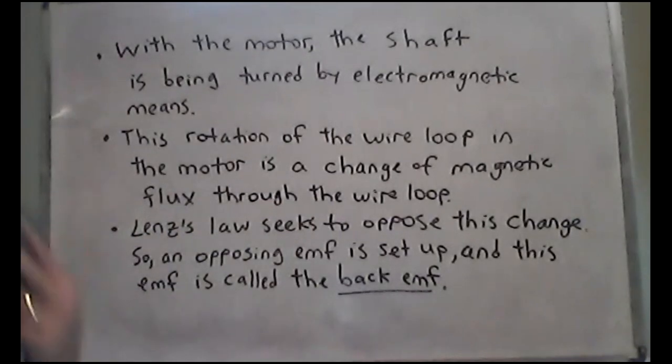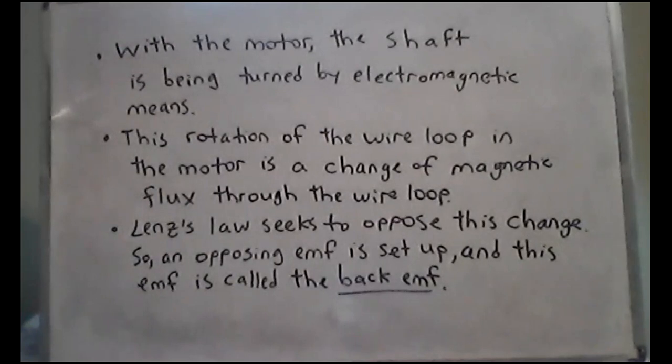And so that motor is going to rotate a coil in a magnetic field. Because that coil is rotating in a magnetic field, the magnetic flux through that coil is going to change with time. Lenz's law says, oh, I don't like that. That's a change.